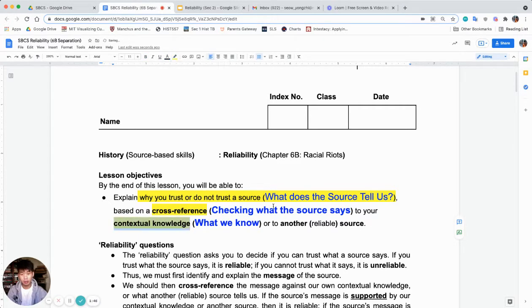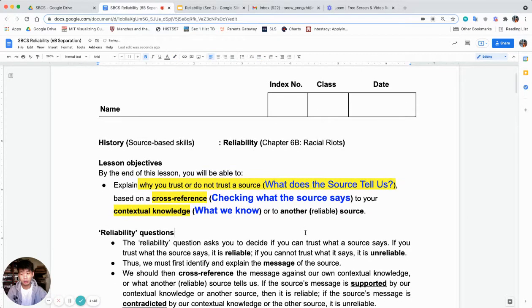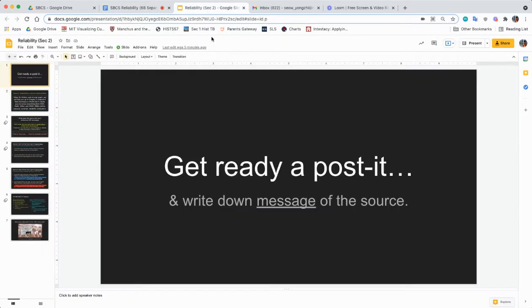This is very vague at the moment, so I'm going to use an example to help you visualize what it means to cross-refer what the source says to our own knowledge and to another source. So at this point, pause if you need to write down your notes and highlight. And then I can move on. And so let's take a look.